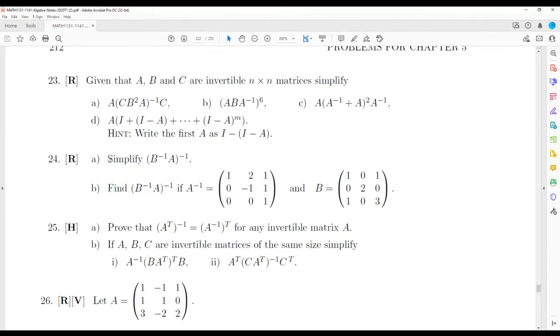So I thought we could have a look at 24 and then move on to maybe 25, which is a bit harder. I'm just telling you that these type of questions are very common in past exams. Okay, so simplify this expression and then find this for specific A inverse and B. So let's do that, and then we can move on to something a little bit more challenging.